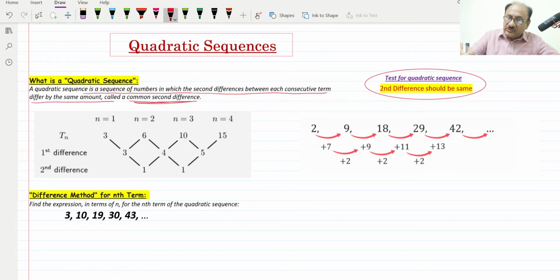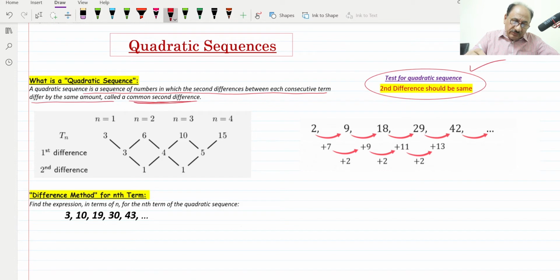This is the test for a quadratic sequence: the second order difference should be the same. So when we apply the quadratic sequence formula or difference method, first of all check the second order difference. If the second order difference is the same, then only apply the quadratic sequence formula for the nth term.